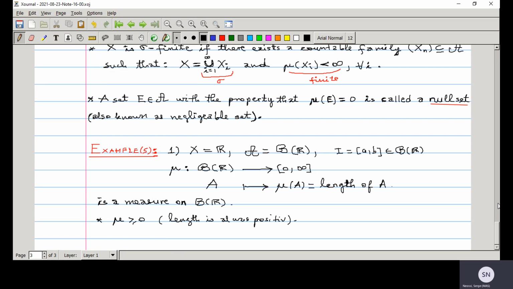And then if you take, let's say, the interval a positive infinity, you know that the length will be infinity because we take infinity minus a. The interval a b, the length of a b is b minus a. So you will take the value infinity if one of the endpoints here is infinity.